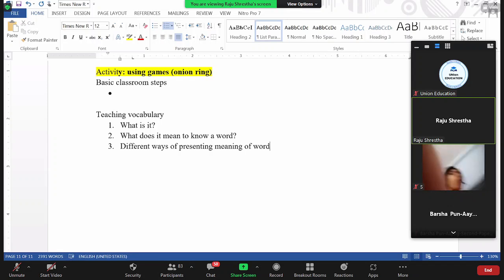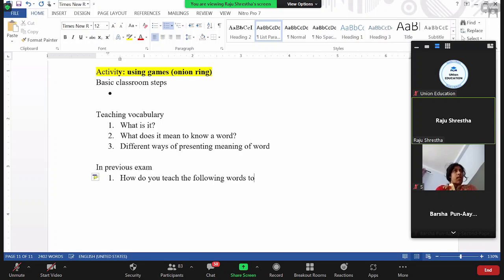So the first question: in the previous exam, questions were asked like, how do you teach the following words to your students, for example? This type of question was asked.